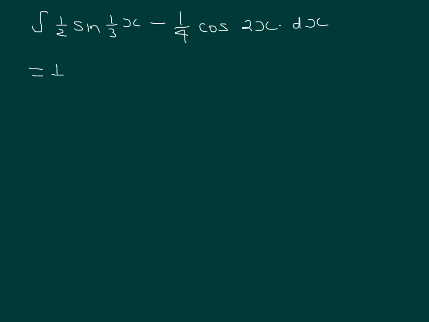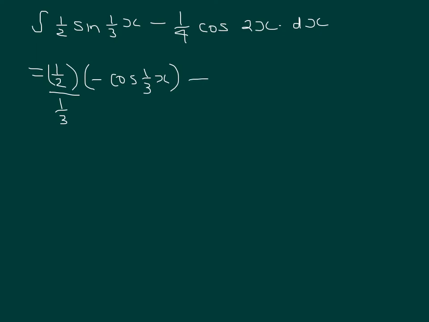A half just stays there. If you like, you can put it in brackets. The integral of sine is a minus cos. So for the moment, just put a minus cos here, a third x. And then we're going to divide by the derivative of a third x, which is a third. Now clearly we need to fix that one up in a minute.